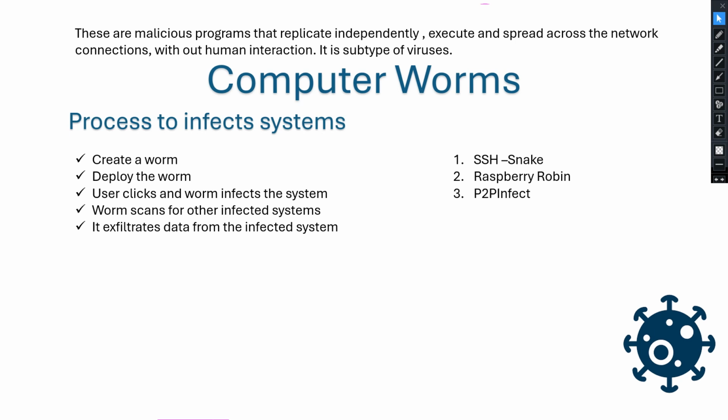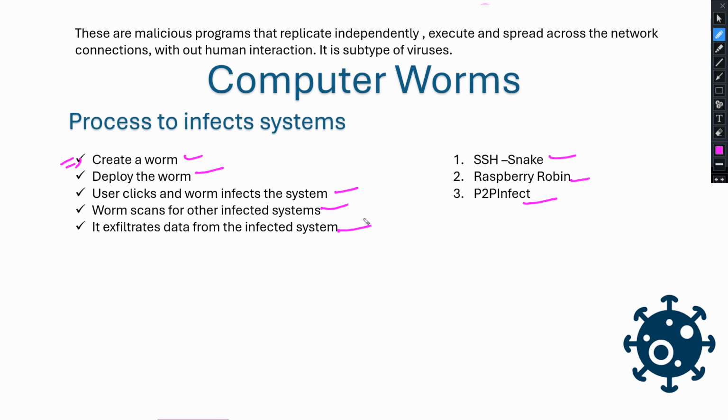We have different types of computer worms, like SSH Snake, Raspberry Pi Robin, or P2P Infect. The process to infect systems is: first create a worm, deploy the worm, the user clicks and the worm infects the system, then the worm scans for other systems and exfiltrates data from the infected systems. How is it different from a virus?